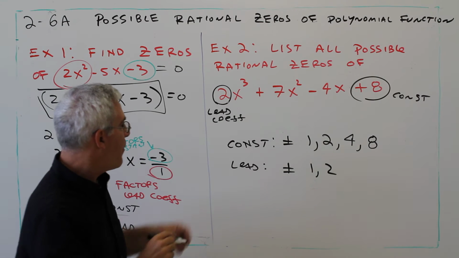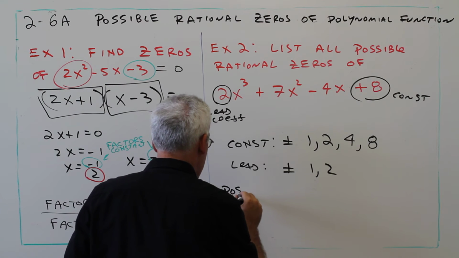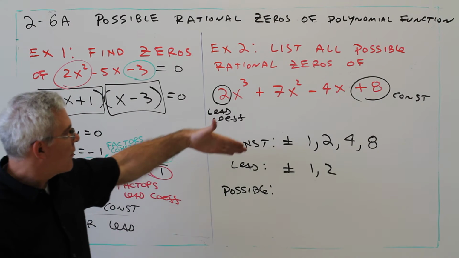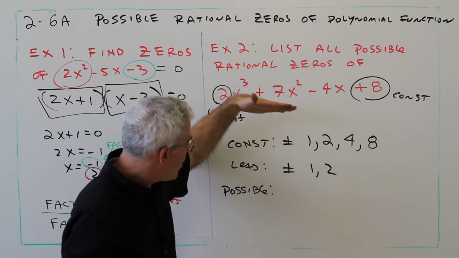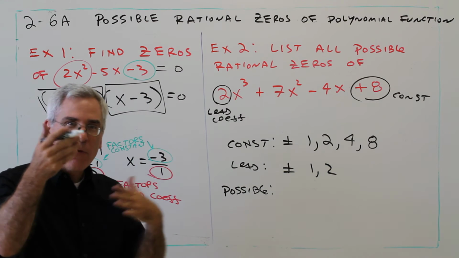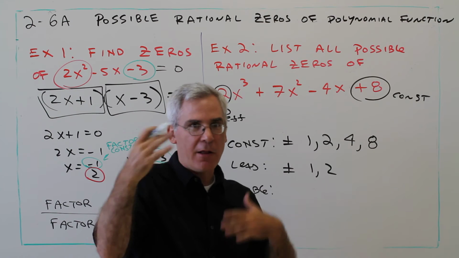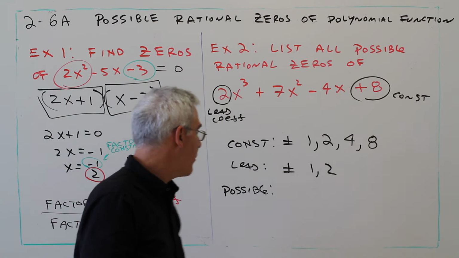Okay, now for the possible zeros, all I've got to do is take the quotients of the constants over the leads. And the way I remember it is constant over lead, alphabetical, C over L. That helps me remember the template.